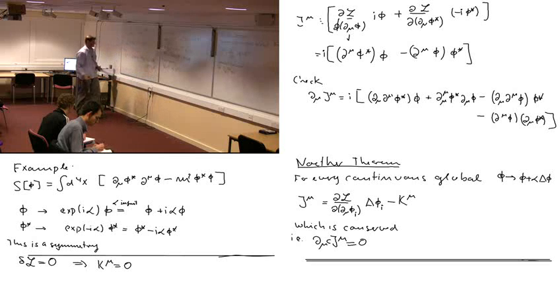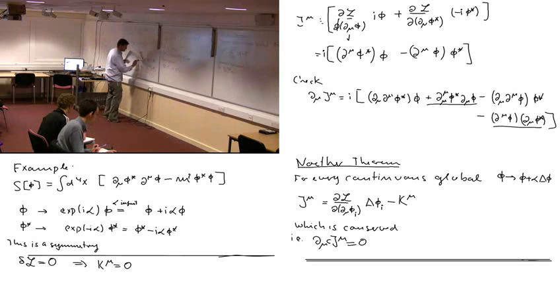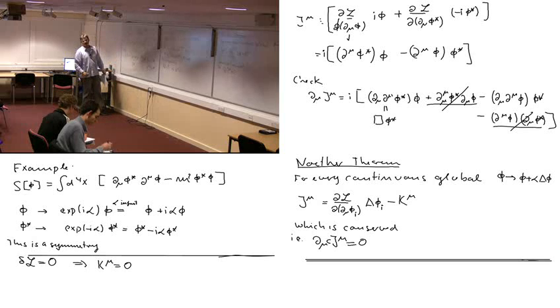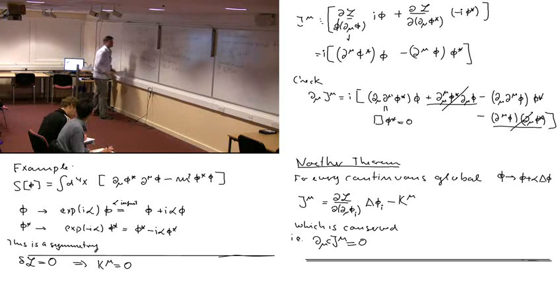So what can we do? Well, this term and this term are identical and of opposite signs, so they cancel. This here is box phi star, and box phi star is equal to 0 by the equations of motion.